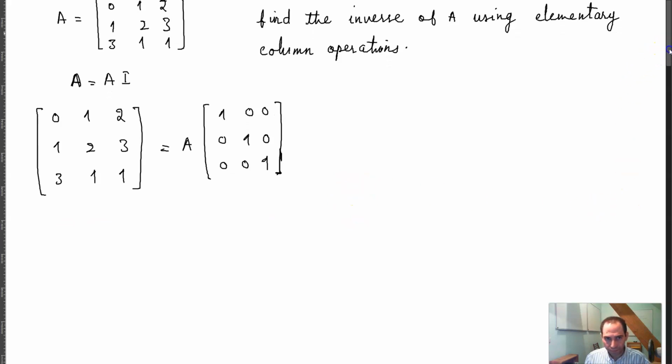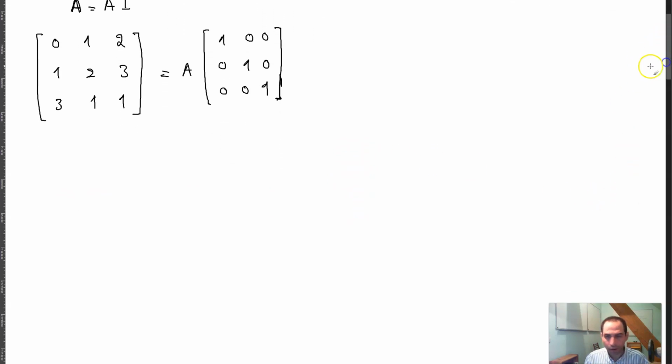So now we can start with the column operations. So you have 0, 1, 2, 1, 2, 3, 3, 1, 1, and A times, oh, I have to move down here.